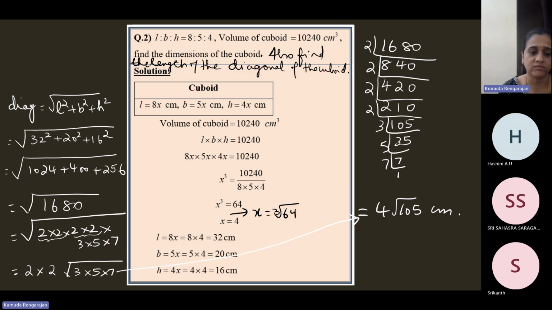Multiply them: 105. 2 into 2 is 4. 4 root 105 centimeters is the length of the diagonal of the cuboid. There are 4 2's, right? Two 2's will come out.